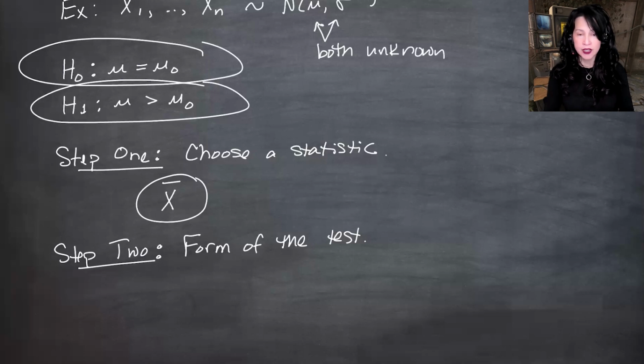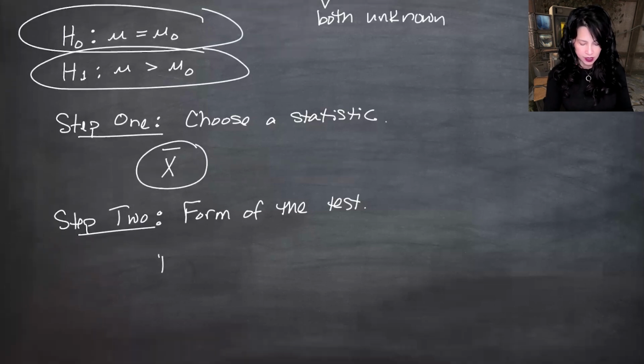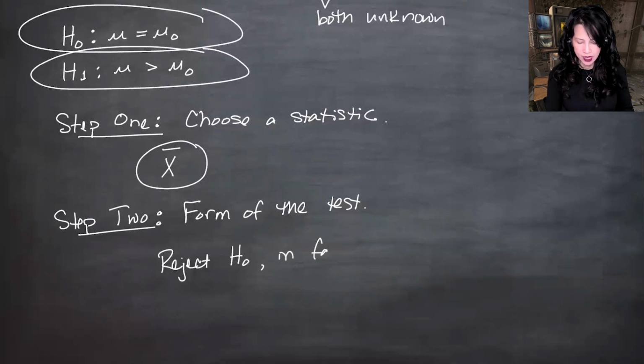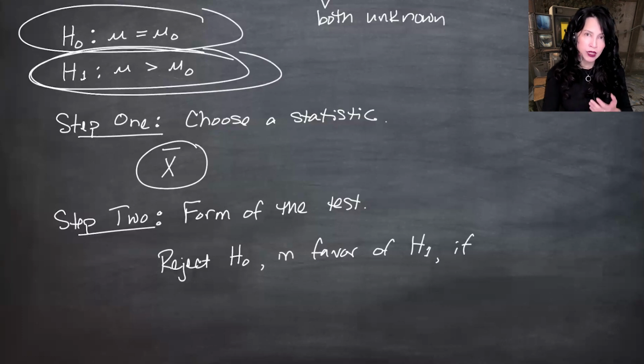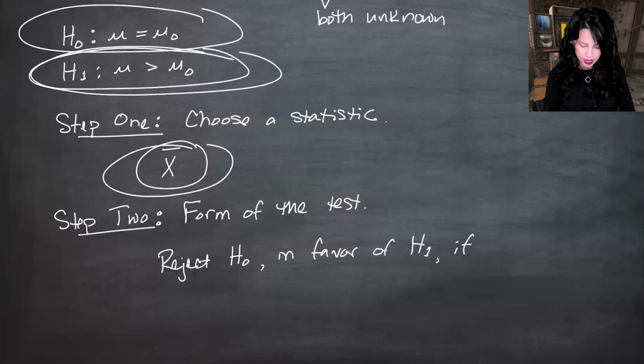So the form of the test should be something like this. Reject the null hypothesis in favor of the alternative if evidence for mu being large is going to be that our sample mean is going to be large. So if x bar is greater than c for some constant c to be determined.